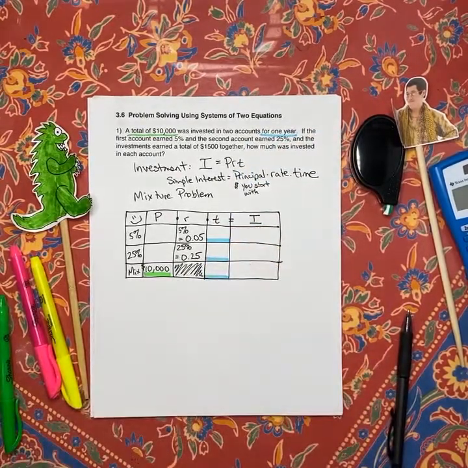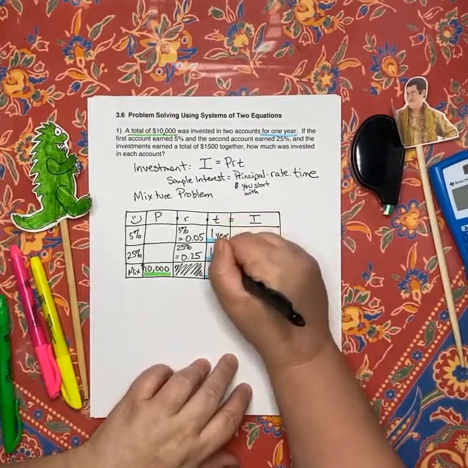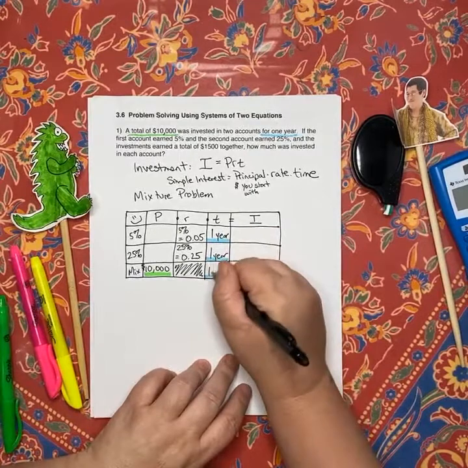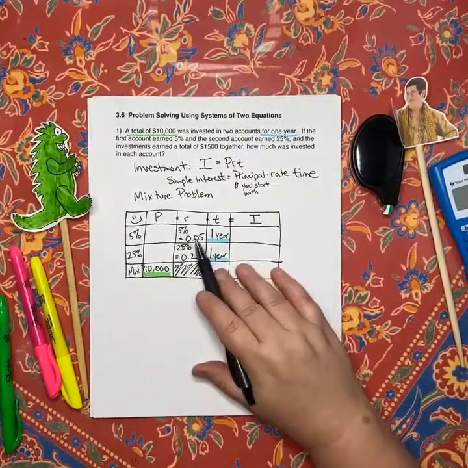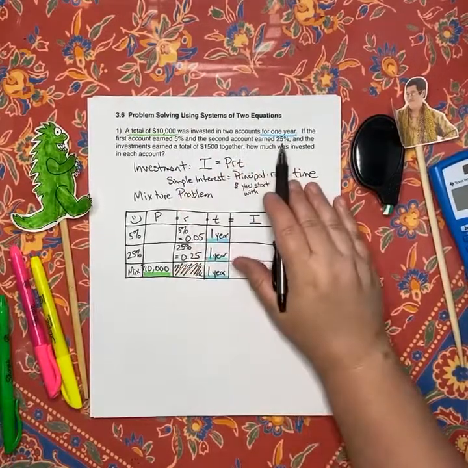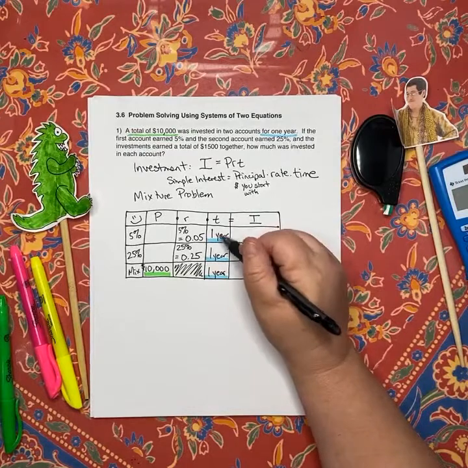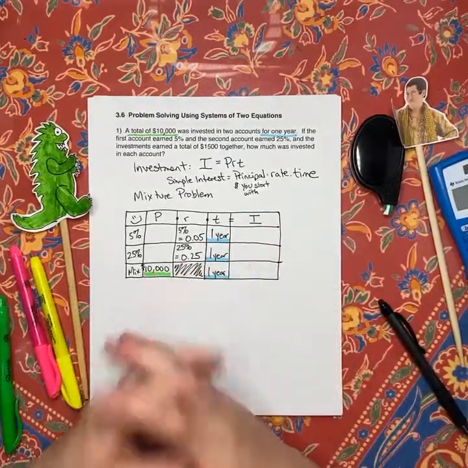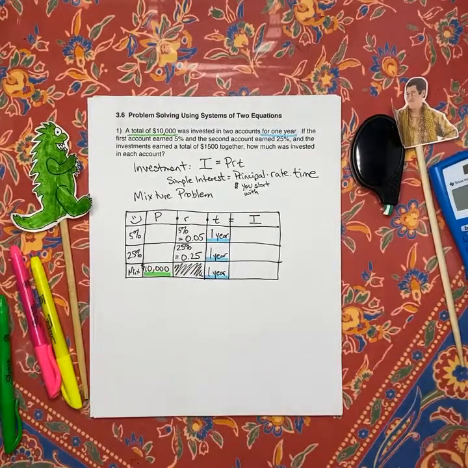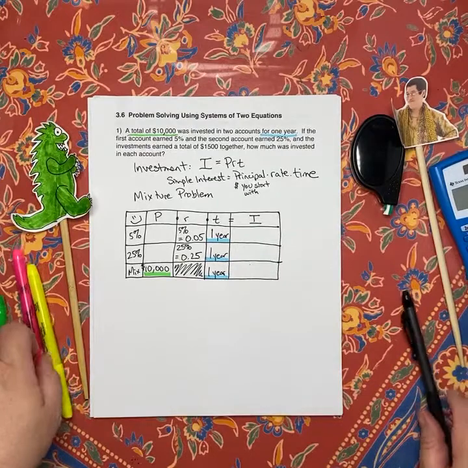And that's going to govern the whole thing, and that is that this is 1 year. 1 year, 1 year. And the great thing about this is this matches this, because when we say 5% or 25%, it means per year. So the fact that these are each 1 year, that means all of the units agree. It's lovely.